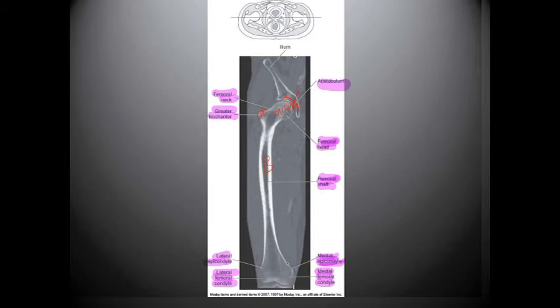The body of the femur, we get down to the medial epicondyle, the lateral epicondyle, lateral condyle, medial condyle. And we can kind of see the tibial spine with the intercondylar eminence there.